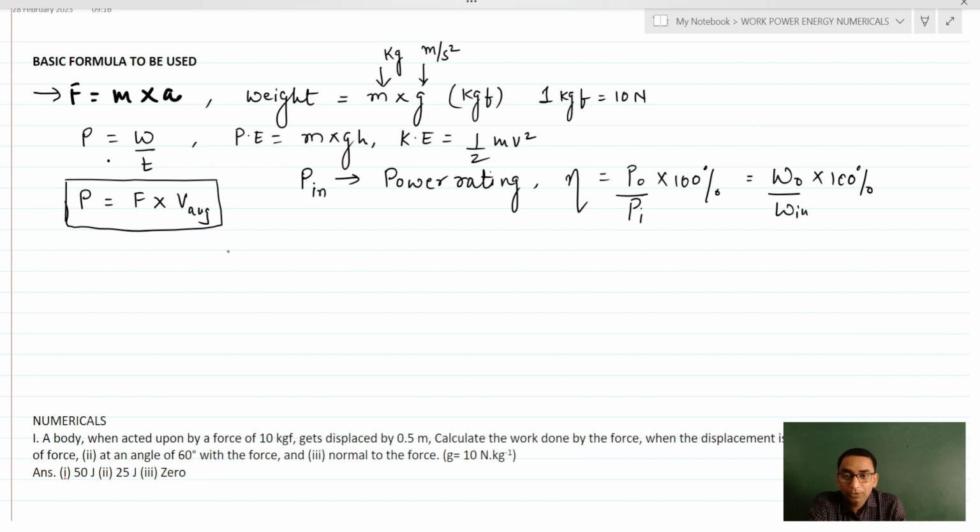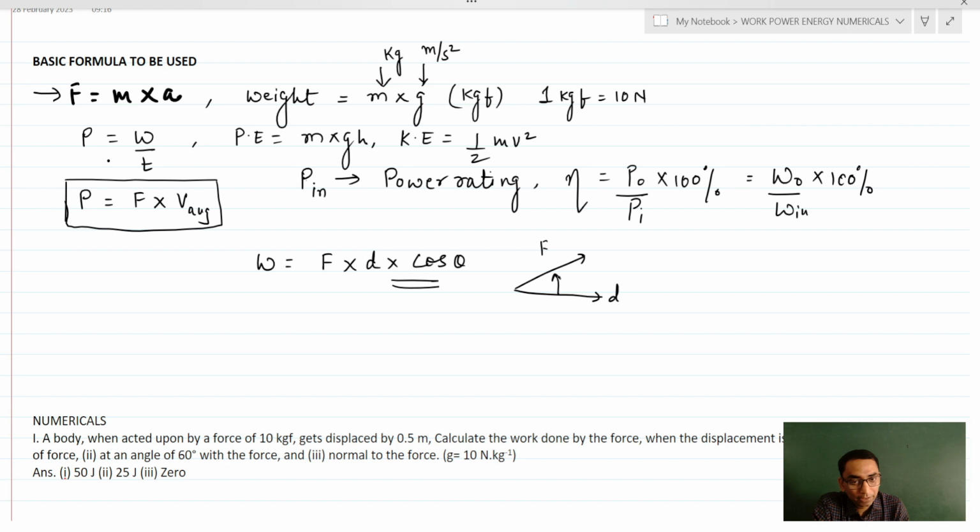There is one more formula which pops into my mind now, that is work done is equal to force into displacement into cos of theta, where theta is the angle between force and displacement. This formula is to be used when the direction of force and displacement are not the same.